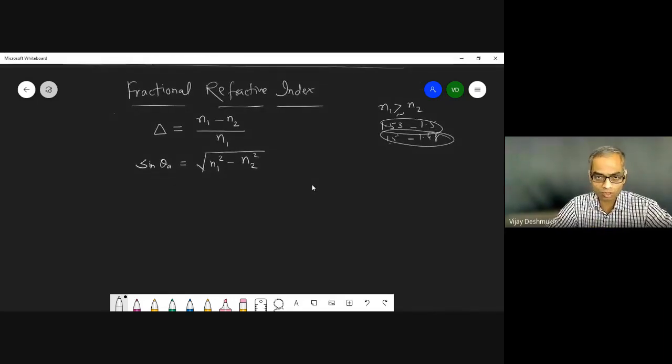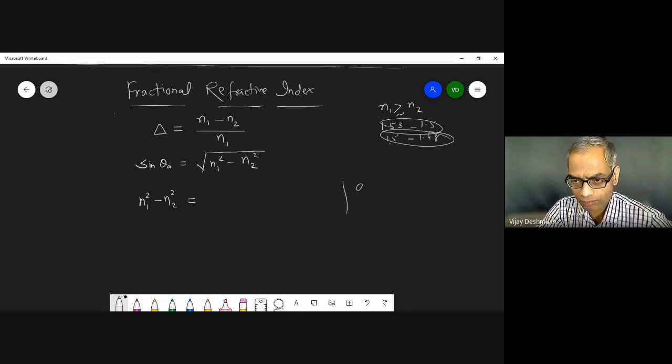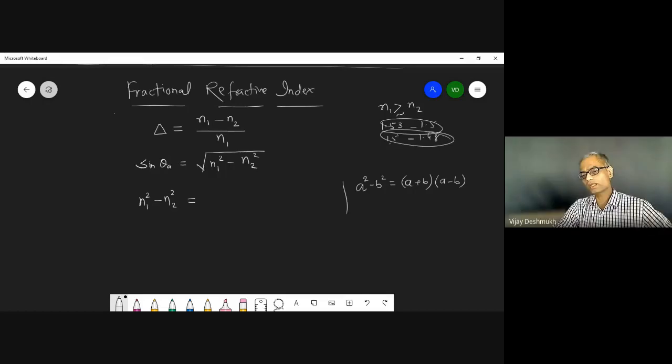Okay. So what we do is we take the first N1 square minus N2 square. Just forget about the square root right now. We will add the square root at the last step. So what we can do is just use the identity A square minus B square equals A plus B, A minus B. It's very well known.